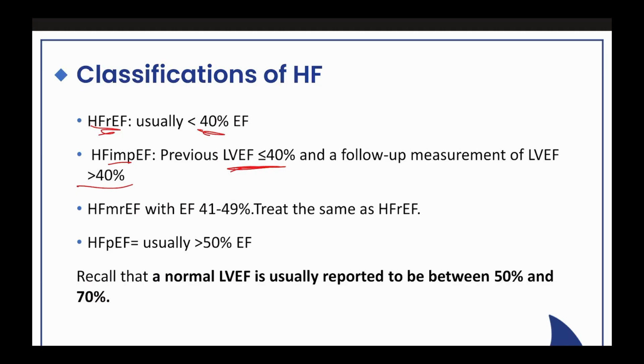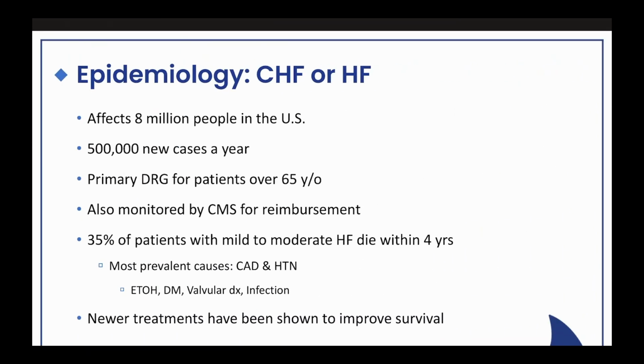So that's heart failure with improved ejection fraction because the medicine that you put them on worked. Mid-range just means the EF is staying in that mid-range, 41 to 49, and preserved EF is usually above 50%. What is our normal EF again? It's right there, 55 to 65.